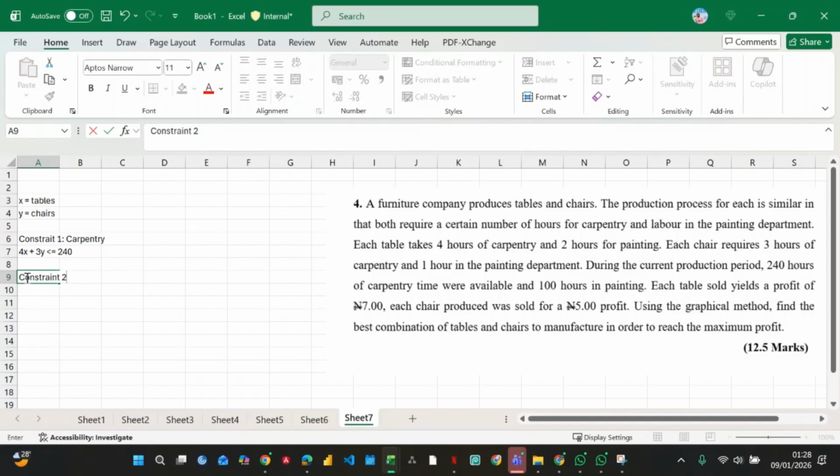So our next constraint, constraint two, is going to be what? Painting. They said 2 hours of painting, so we have 2 hours of painting.